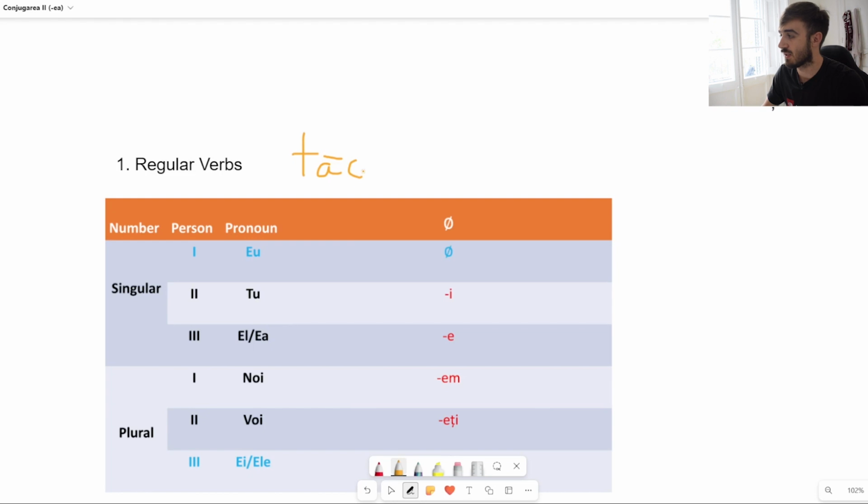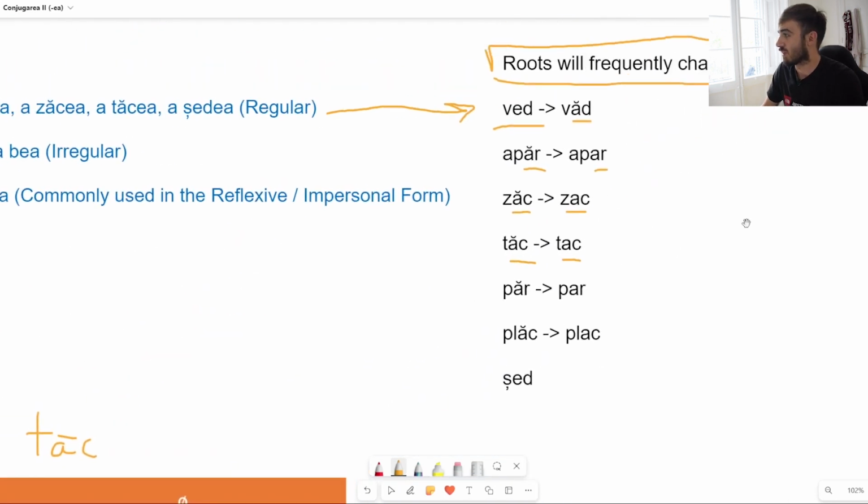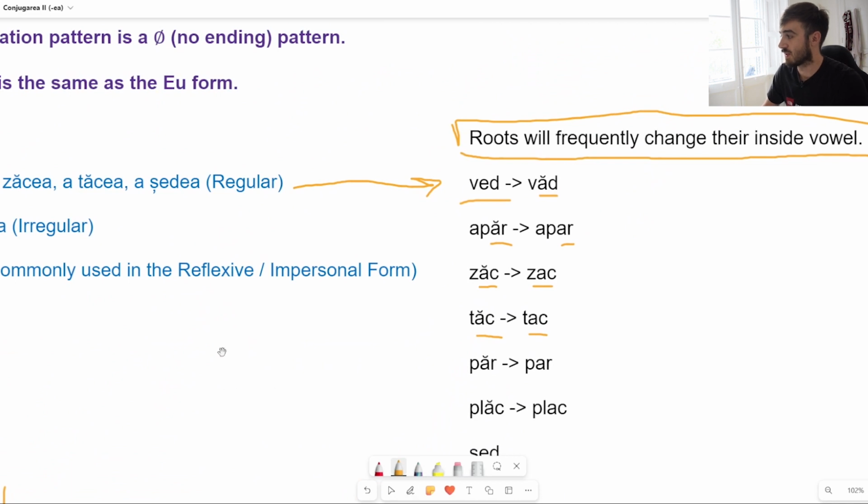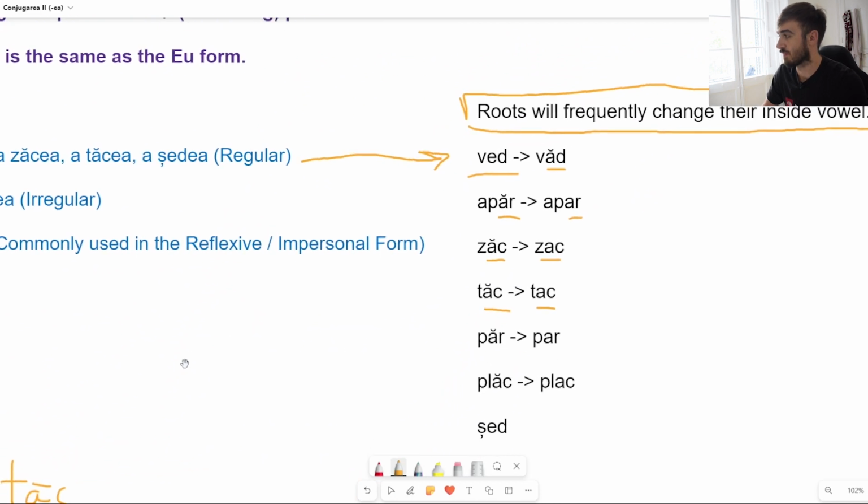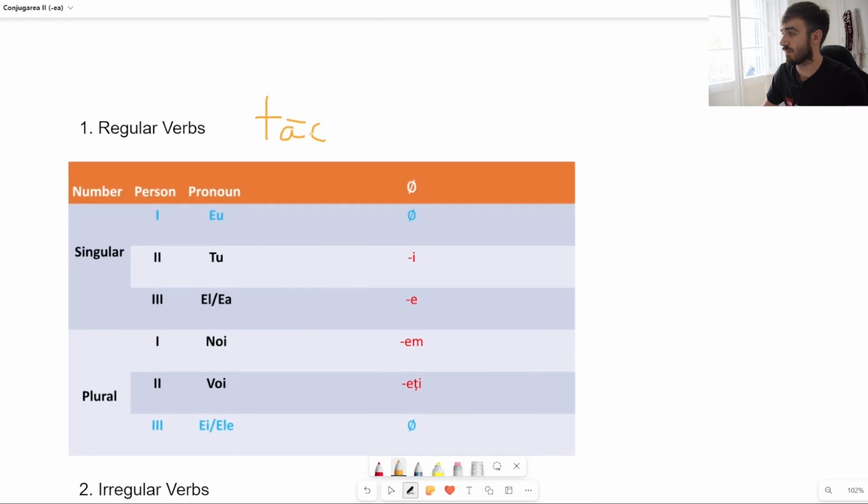You have t-c, tac. But as we talked about in the roots rules, many verbs in this conjugation will have a change in the middle vowel, or the middle letter actually, because there's only one vowel. So this tac will become tac with the change.